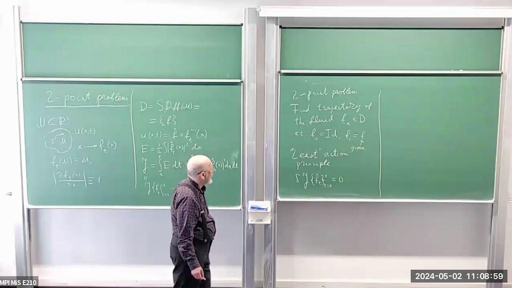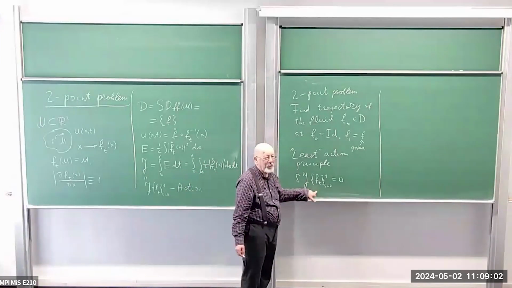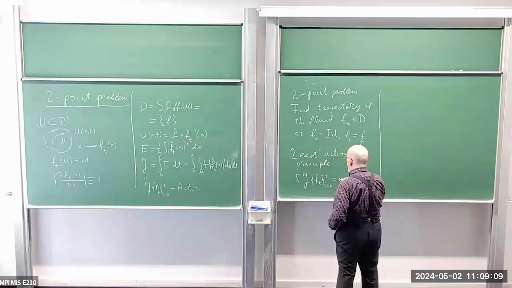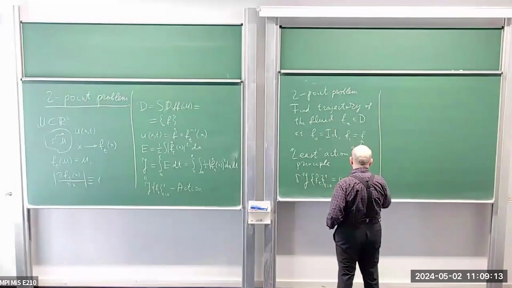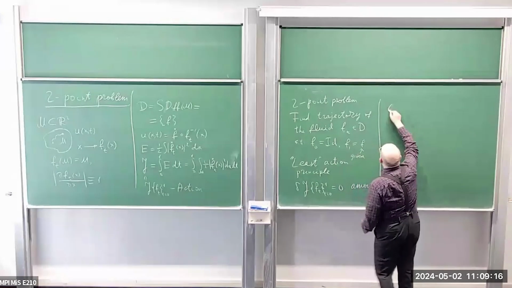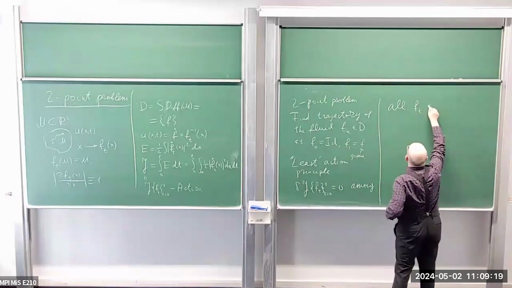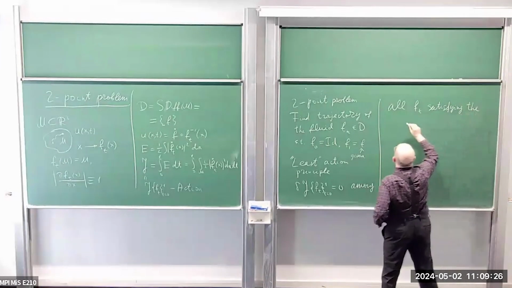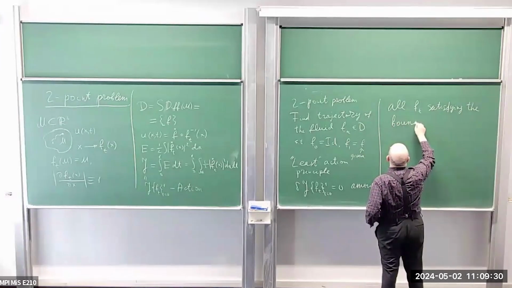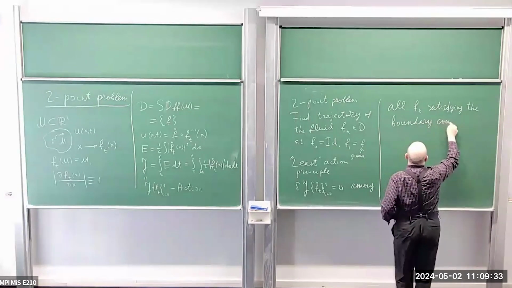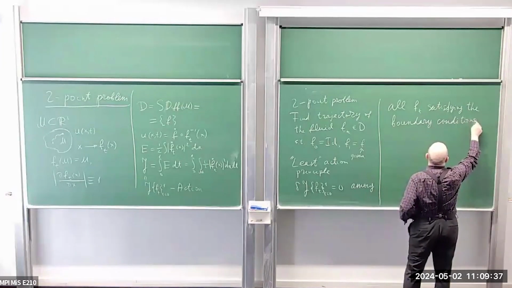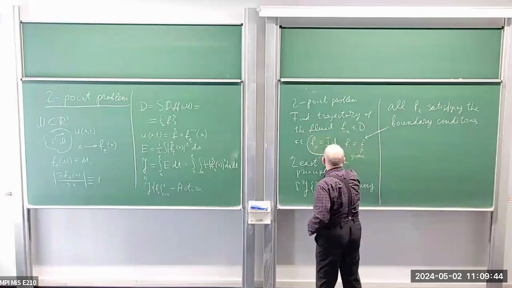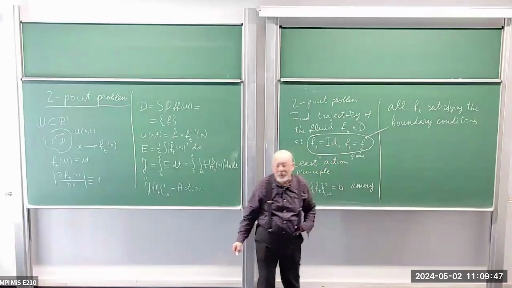Then this is the Euler equation for this problem: stationary among f_t satisfying the boundary conditions.